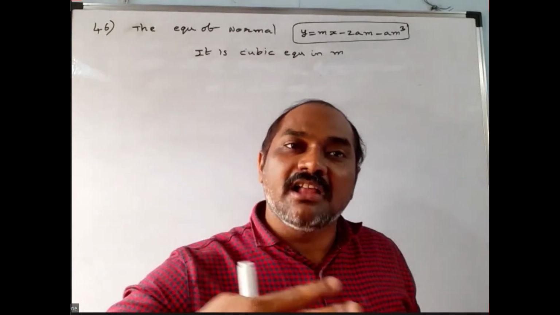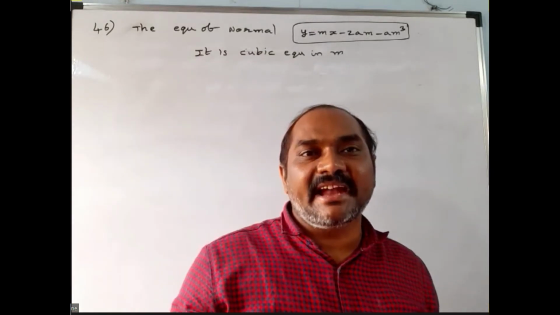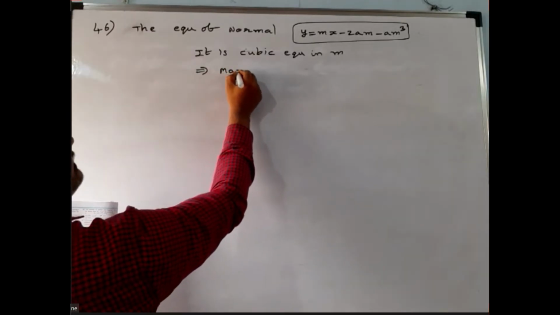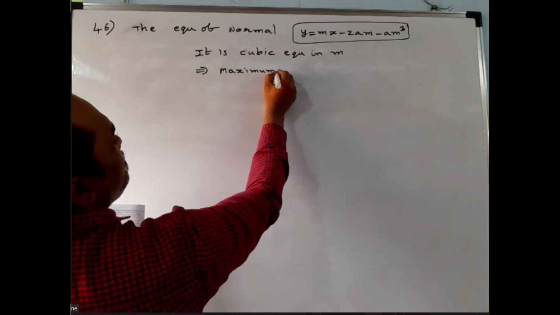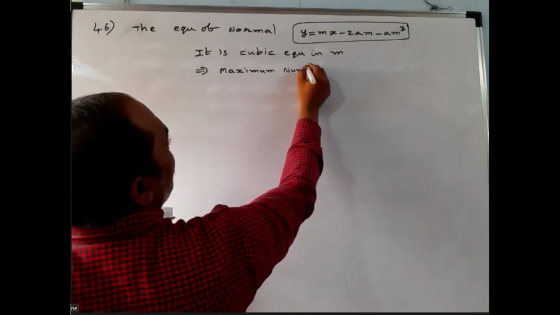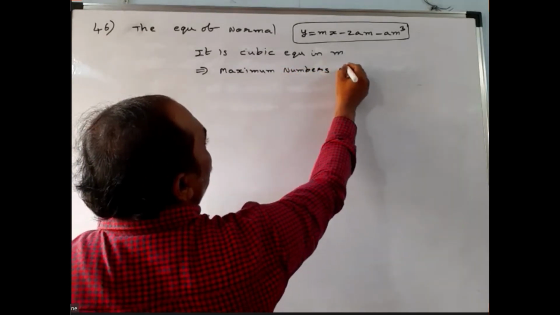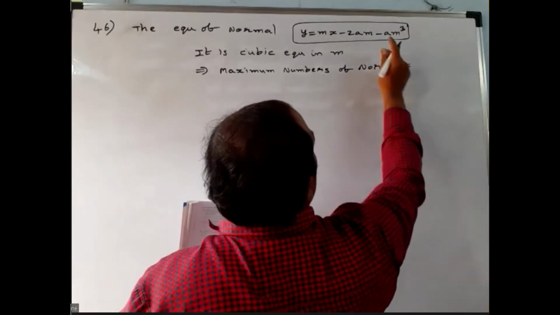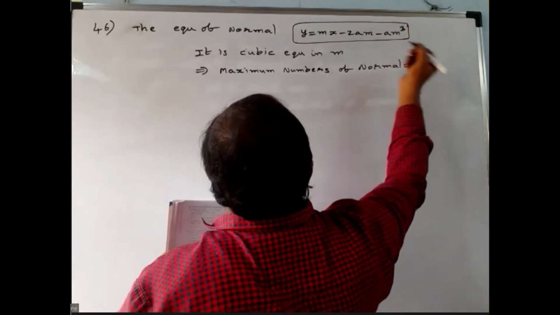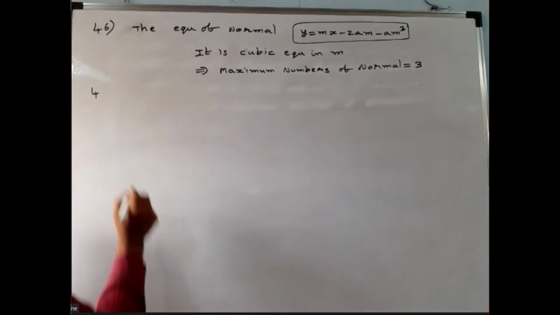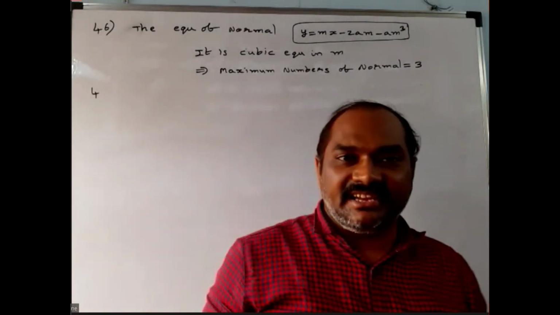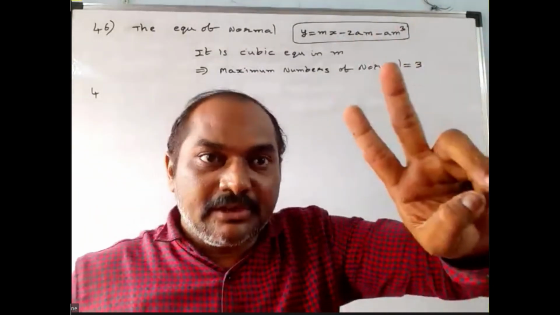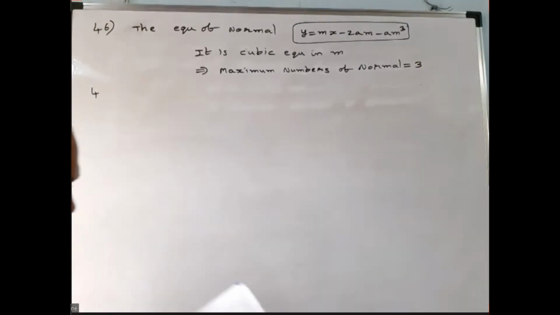So for all 3 values, how many equations will we get? That implies the maximum number of normals is equal to 3. Obviously, the maximum number of normals is 3. But for tangents, definitely only 2 tangents will come.